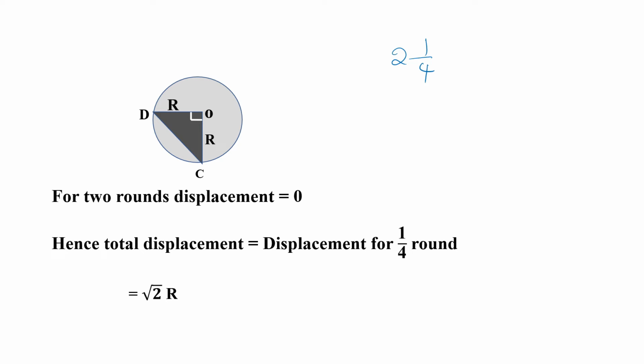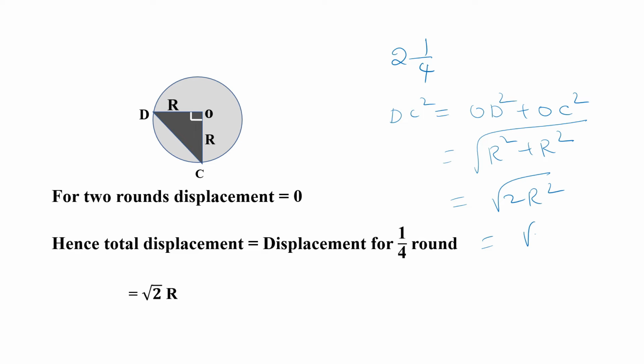This is the hypotenuse. Here DC square is equal to OD square plus OC square. So that is R square plus R square, under root 2R square. So for this, root 2 into R, square root 2 cancel.